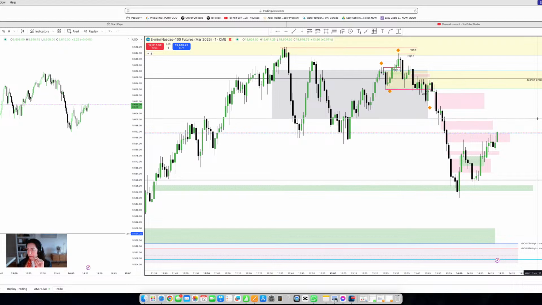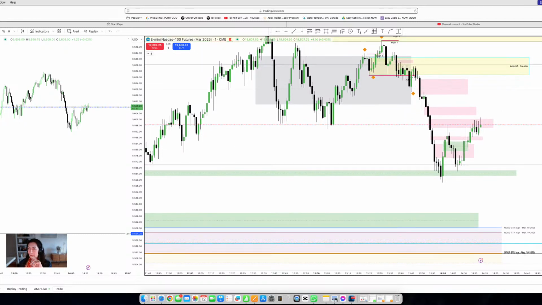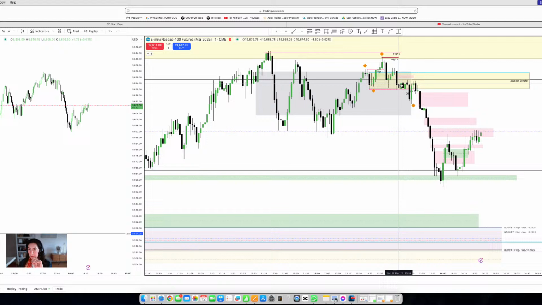No fair value gaps on the way up. It's pretty ugly price action actually. We've got this previous day high running right through the center of the bearish breaker. Kind of a sensitive area here.